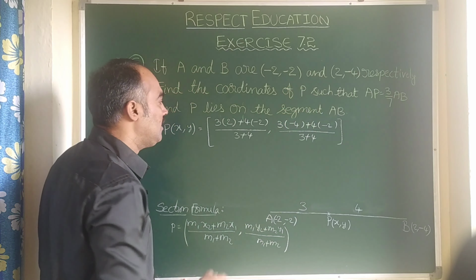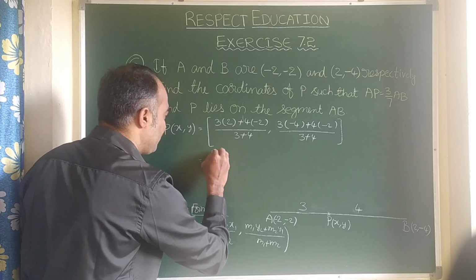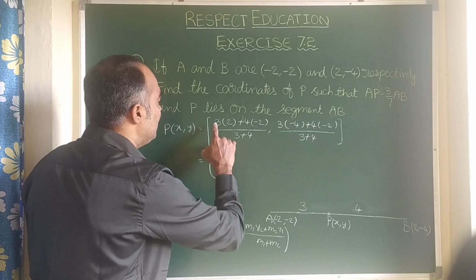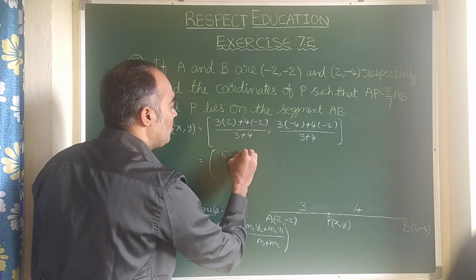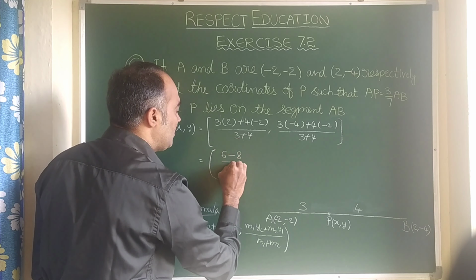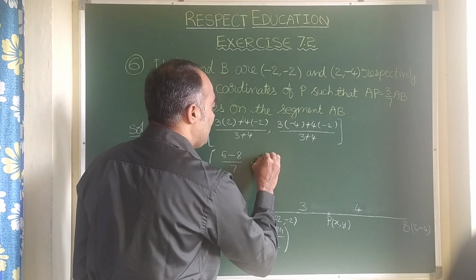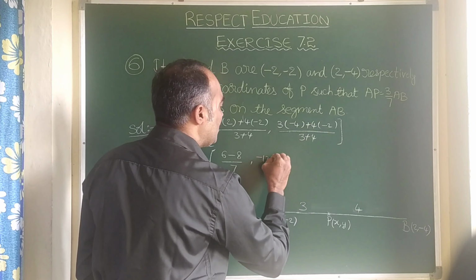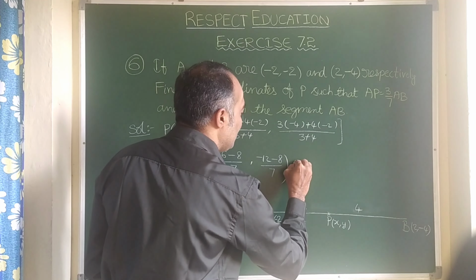Let us simplify this value. Let us change the bracket. I am writing the open bracket now. 3 2s are 6, plus 4 into minus 2 is minus 8, by 3 plus 4 is 7. Right? 3 into minus 4 is minus 12, plus 4 into minus 2 is minus 8, by 3 plus 4 is 7.